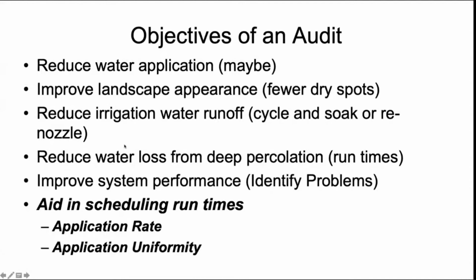That works. We don't want any water loss that goes down below the root zone. We call that deep percolation. And if our run times are too long, it's either going to run off or go to deep percolation and not be stored in the soil. So basically, though, it's going to aid in our irrigation scheduling and control our programming. And that's through measurement of application rate and application uniformity.